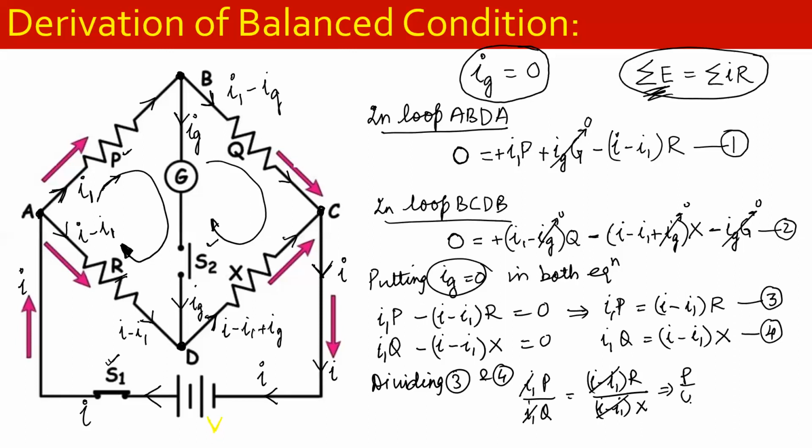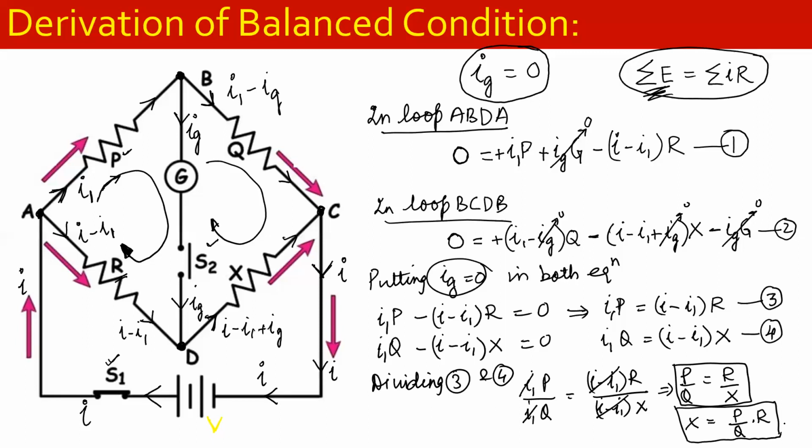So P by Q will be equal to R by X. We can write it as X is equal to P by Q into R. In this manner, we can determine the unknown resistance X with the help of Wheatstone bridge.